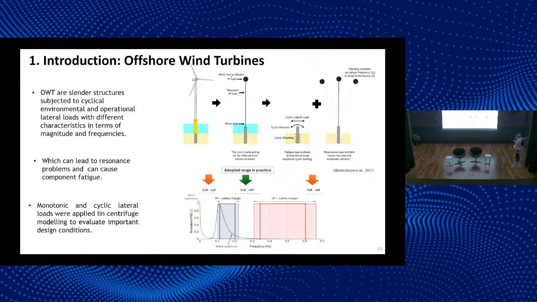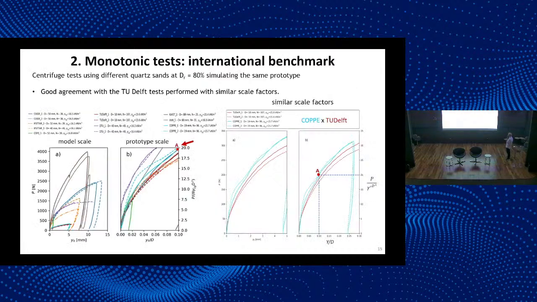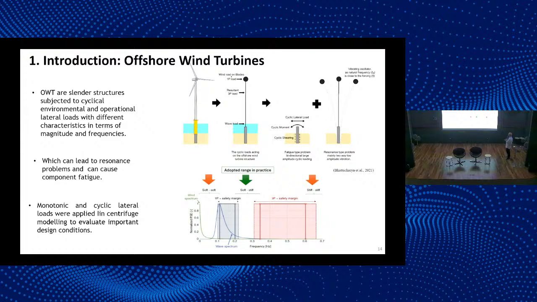And here you have a plot of frequency versus acceleration, we can say, normalized, and you can see that you've got to put the design either in this range, or in this range, or in this range.